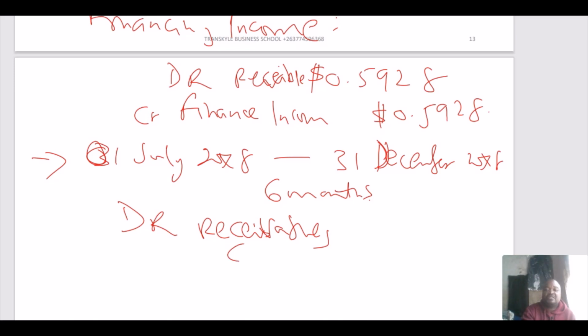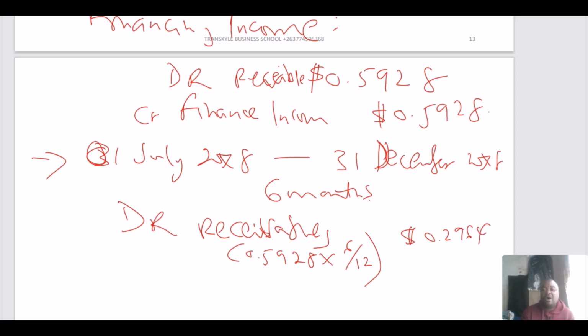Okay, the correct entry. So that's 0.5928 multiplied by 6 months, that's 6 months only, and that's 0.2964.